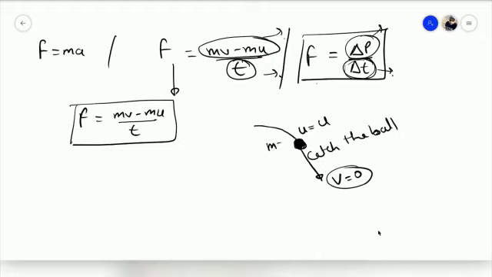If the mass of the ball is m, then the change of momentum is mv minus mu, that is final mass into final velocity, which is 0, minus m into u, so it will be minus mu.